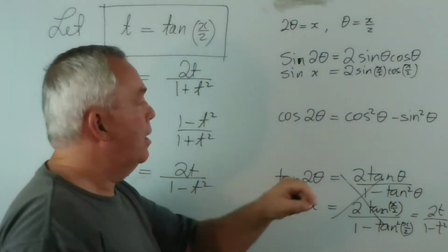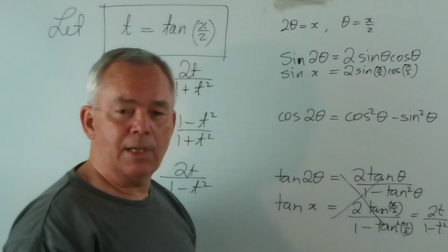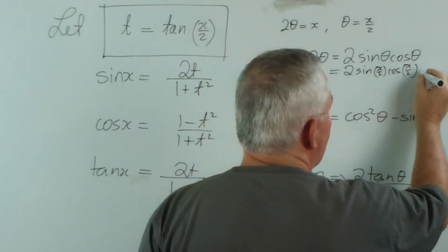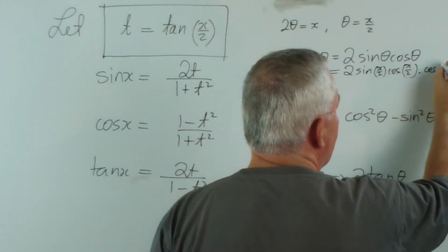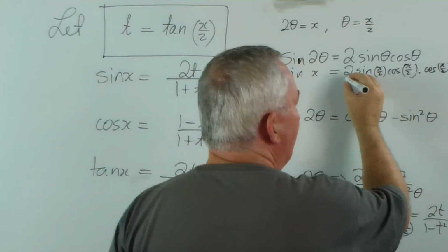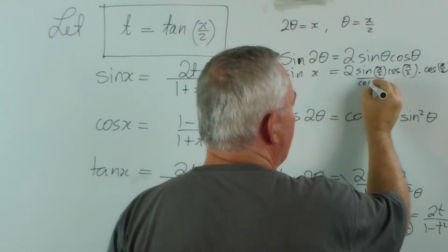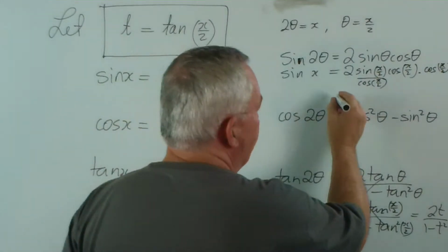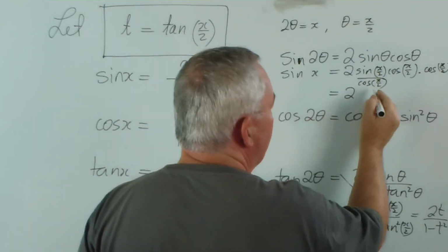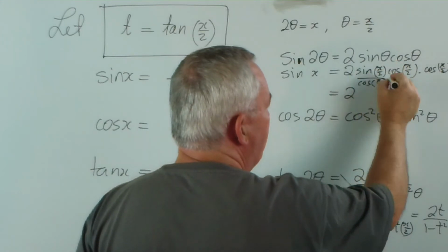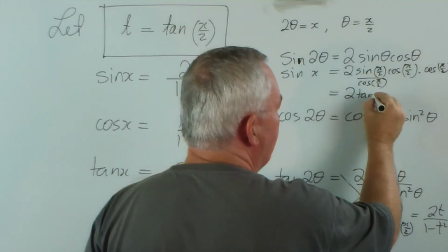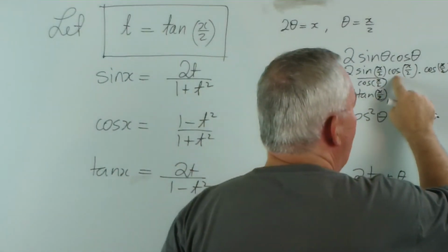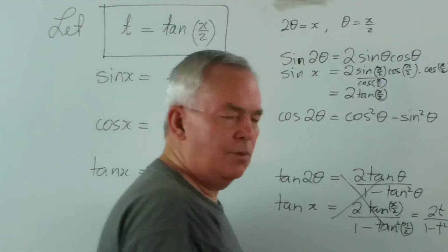And I know that sine over cosine, sine x over cos x, is tan x. So what I'm going to do is multiply this by cos x on 2 and divide it by cos x on 2. And I get 2 times this here, which is worth tan of x on 2, and here I've got cos squared x on 2.